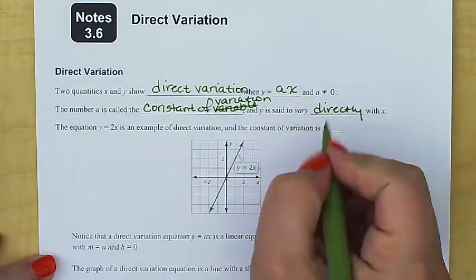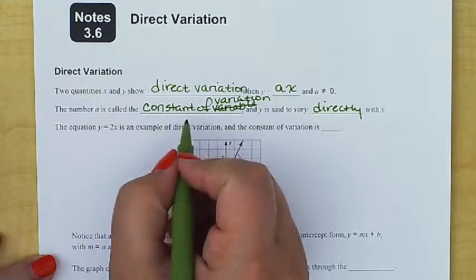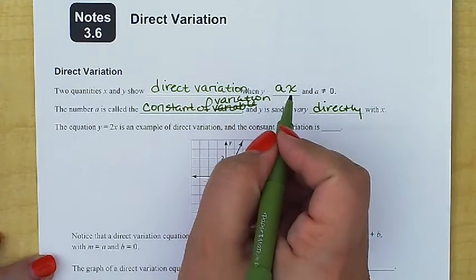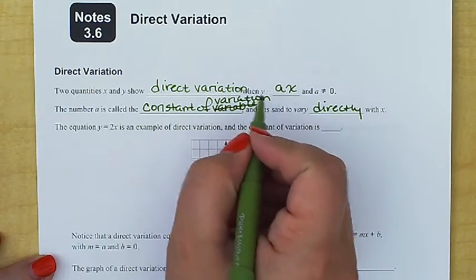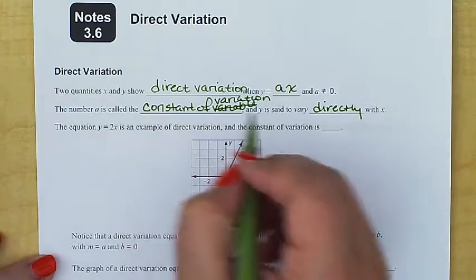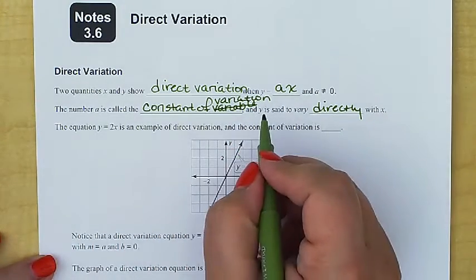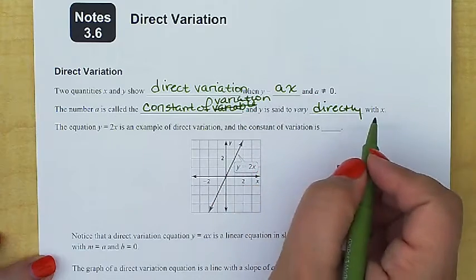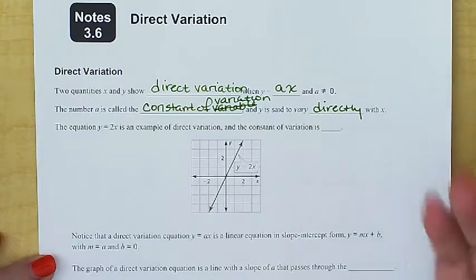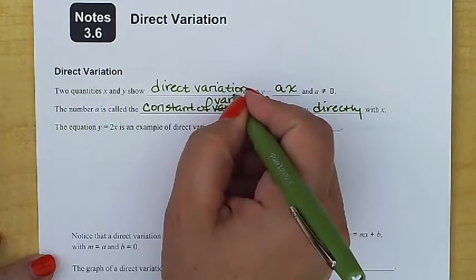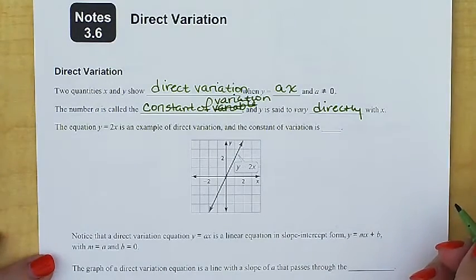Again, when you talked about this last year, you probably called it a constant of proportionality, and it was just that multiplier that was being multiplied by x to get your output. Last year you would have heard, that's the constant of proportionality, and y varies proportionally to x, and we're really talking about the exact same concept, just different language that they happen to use in algebra.